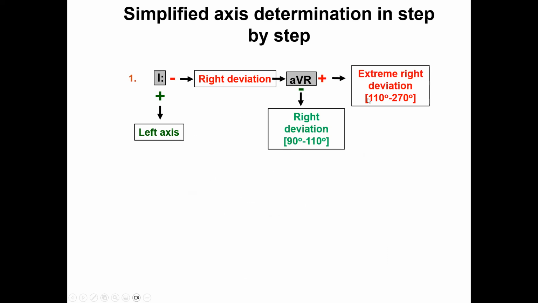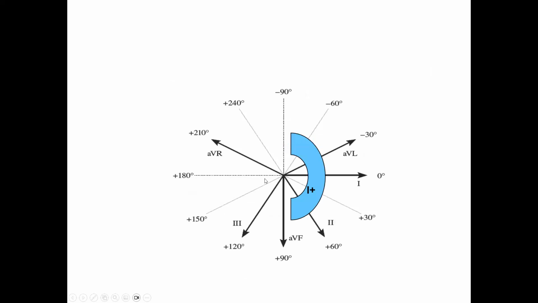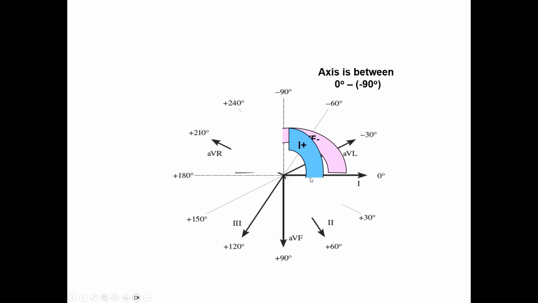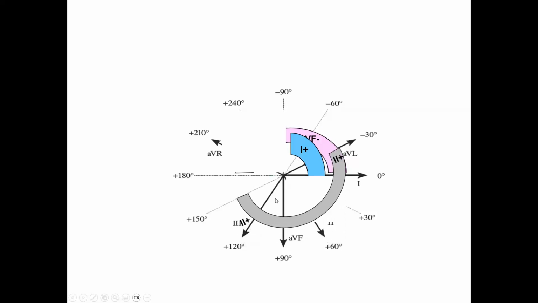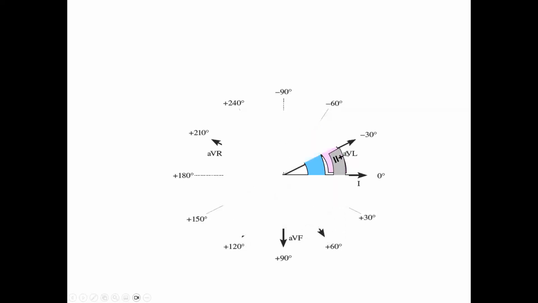All right. This is how you go. Left axis, look at AVF. AVF is positive, very good. That's normal axis. If lead number 1 is positive but AVF is negative, for sure that's a left axis deviation. But whether this is abnormal or not, let's look at lead number 2. If lead number 2 is positive, you have only left deviation.